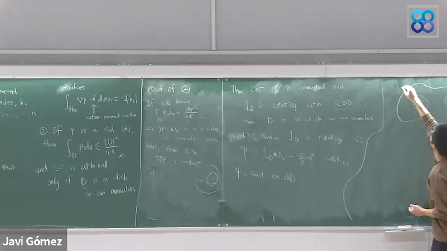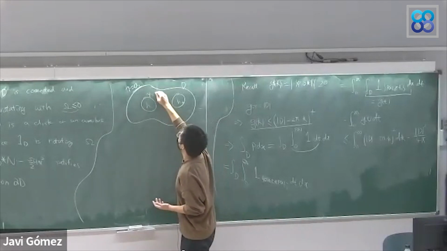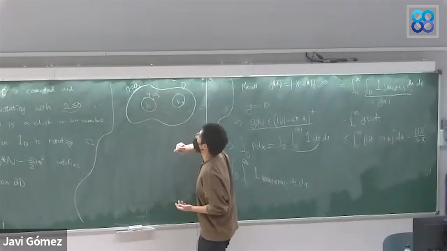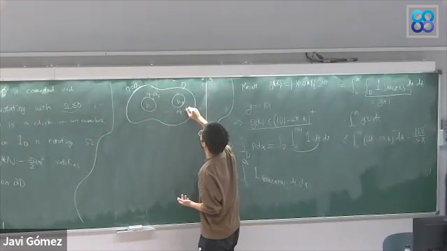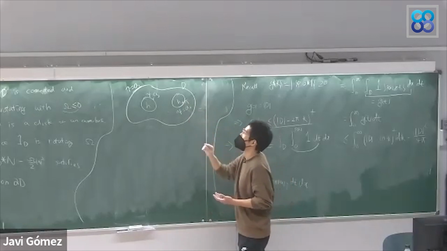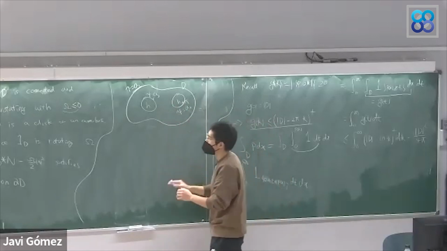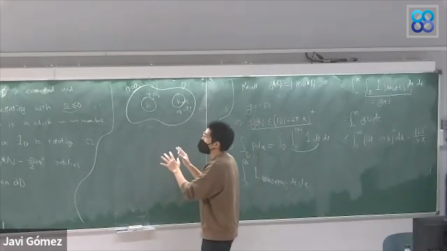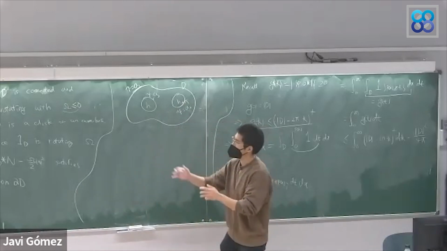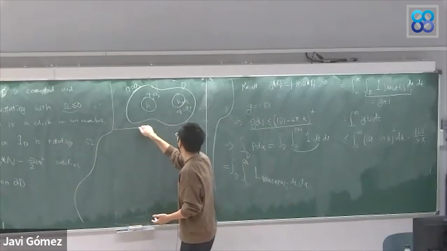So psi is going to be some value A1 on the outermost boundary, psi can be another constant A2 on this boundary, and another constant A3 on this boundary. So A1, A2, A3 are constants, but they are not necessarily the same. All we need is that the boundary is a level set of psi. So this is what we know.